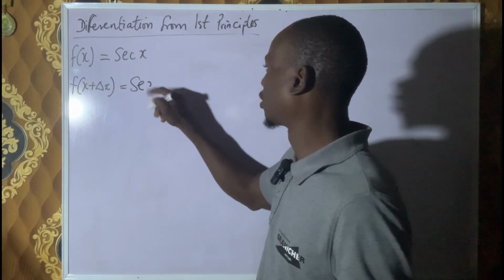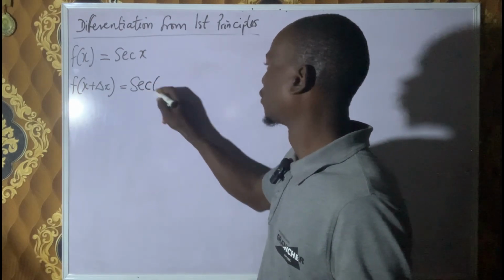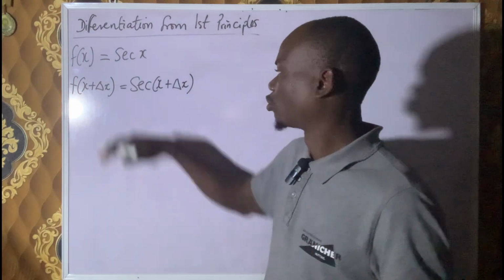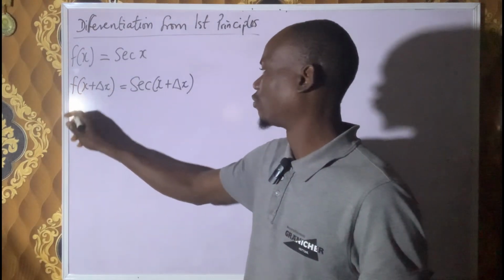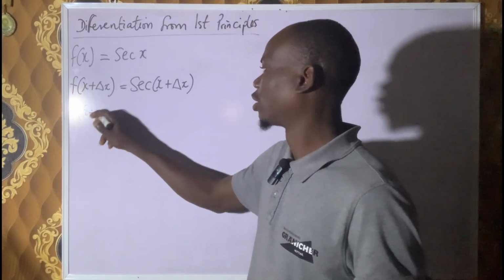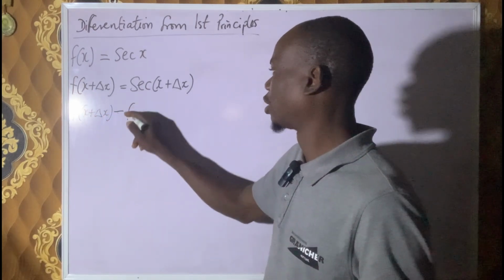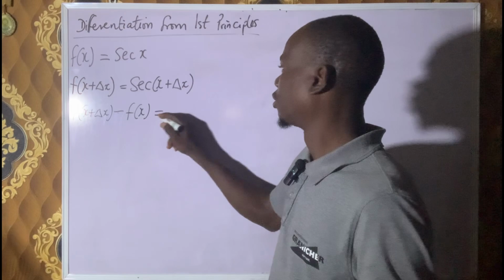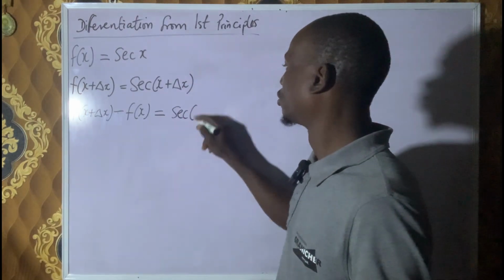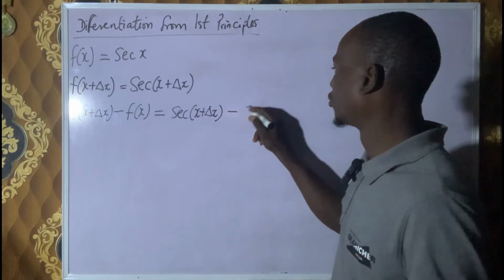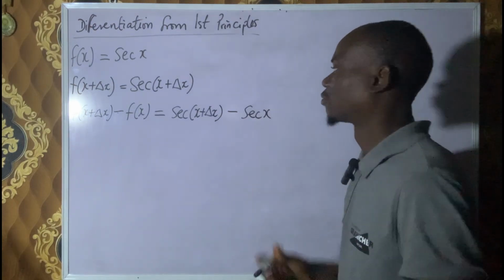We have sec x plus change in x. Then the second minus the first will give us f of x plus change in x minus f of x equals sec x plus change in x minus sec x.